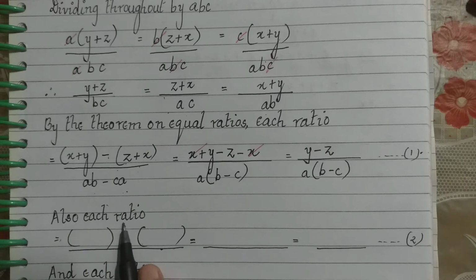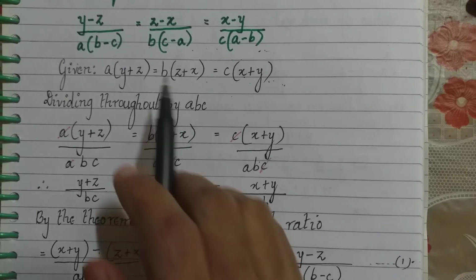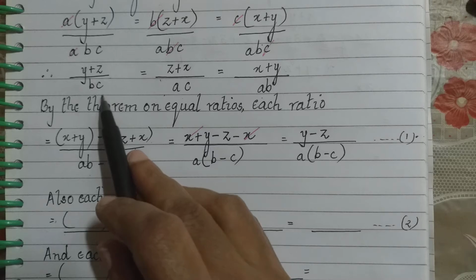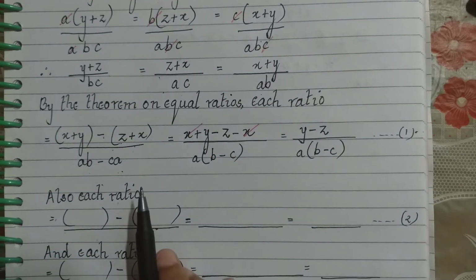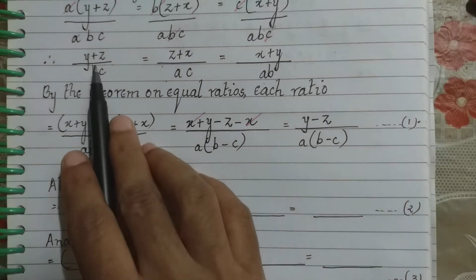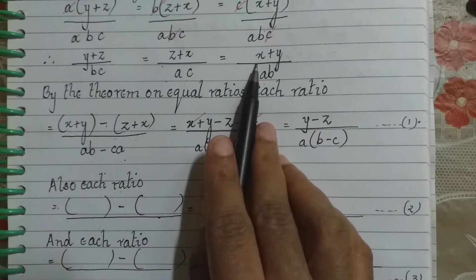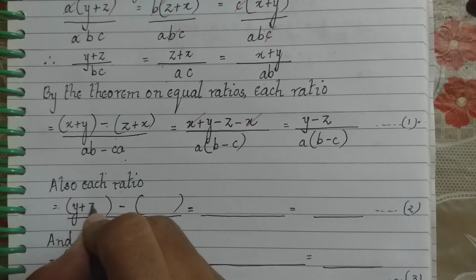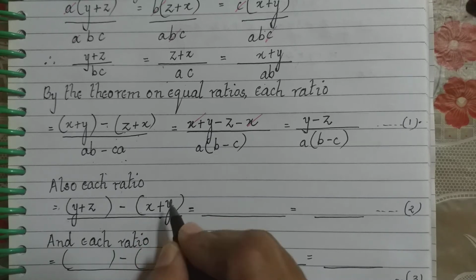Now we'll also write each ratio is equal to, and what do we want as the denominator? bc minus ba. So what will I write here? In the numerator, (y + z) minus (x + y).